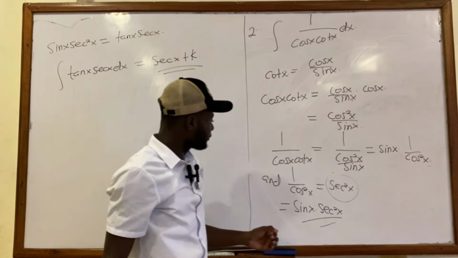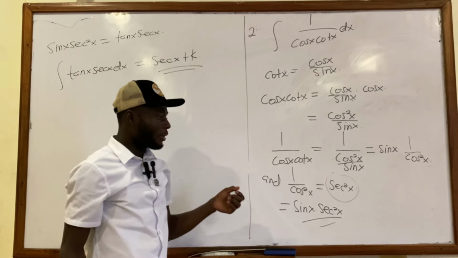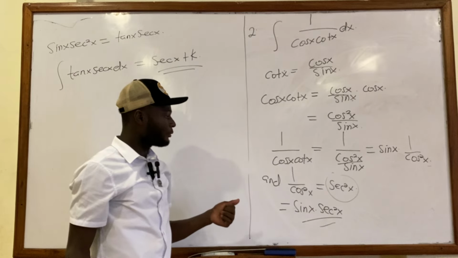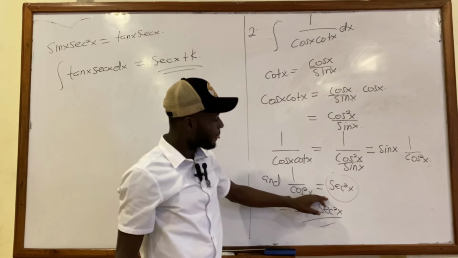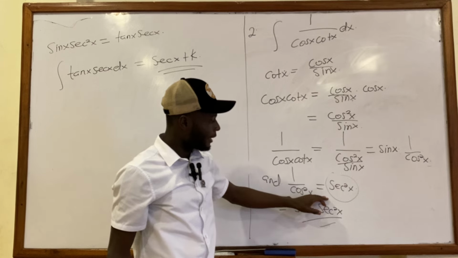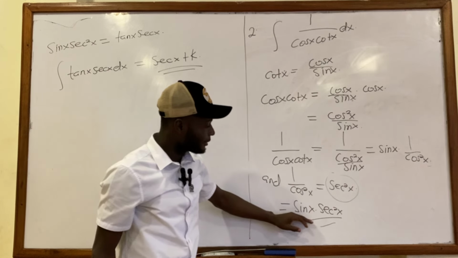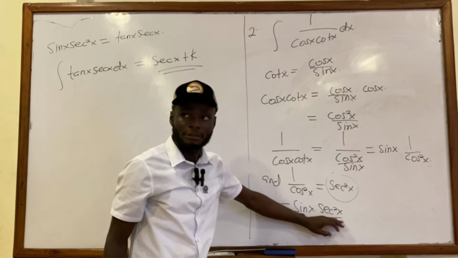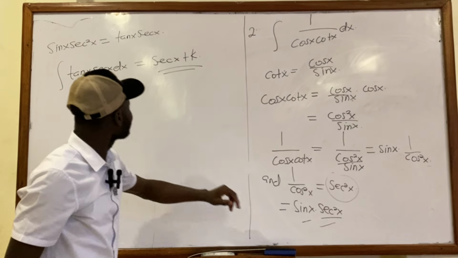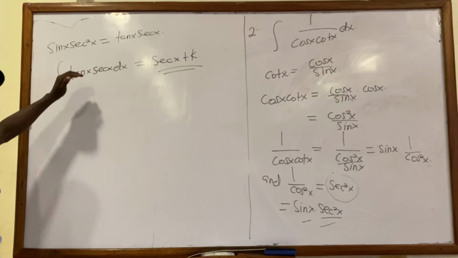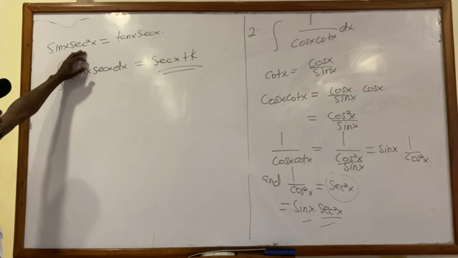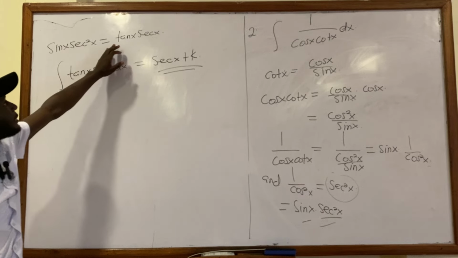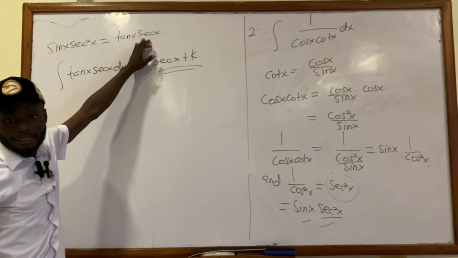And from our earlier identity, we know that 1 over cos squared s is equal to sec squared s. So we put in those identities and now this is simplified. So sin s sec squared s is equal to tan s sec s.